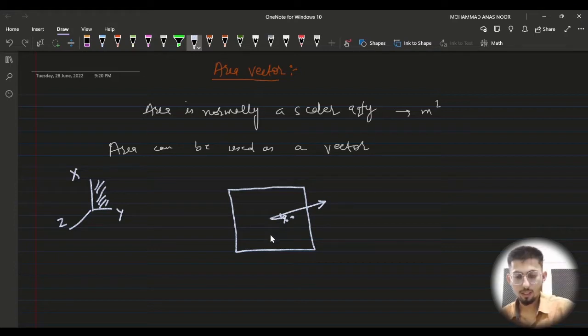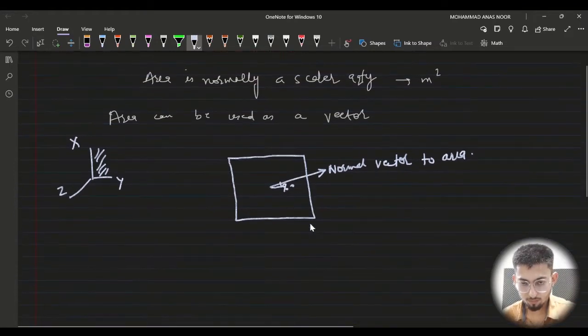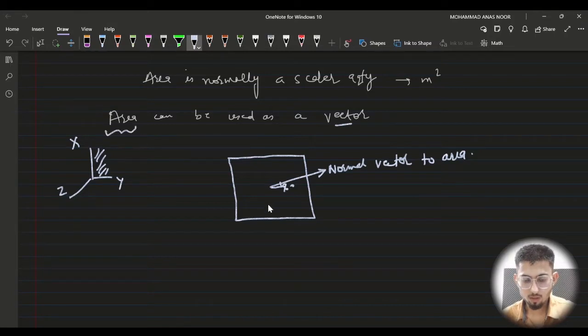This is outside the screen, and this normal vector to the area can be used to define the direction of this area. So this is how we define a vector to an area. What we do is we just draw a normal to that area, and that normal is the area vector. This is called the area vector.